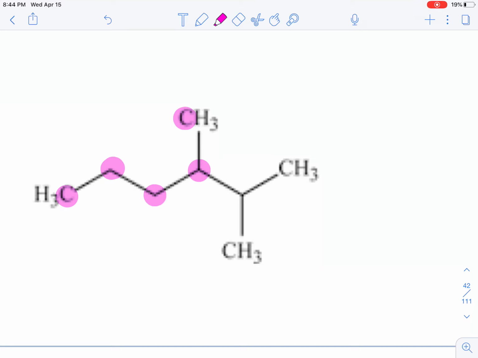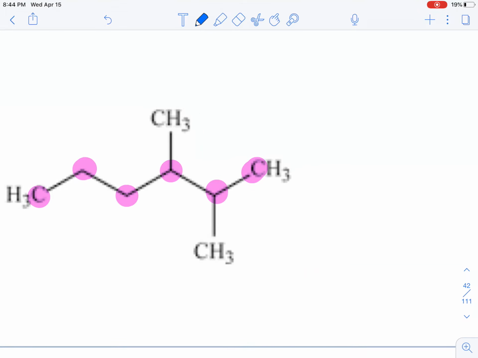And so, therefore, that is not the correct parent chain. And the true parent chain is going to be 6. Now, it doesn't matter which 6th carbon you use, because you're going to get the same answer. I'm just going to go ahead and use the one that I see, okay, from left to right.